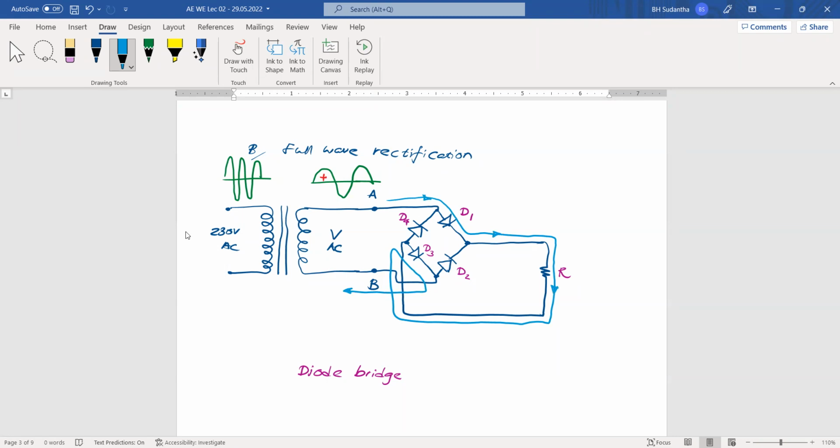Across the resistor, current can go this way and in this direction. Then during this positive half cycle, D1 and D3 diodes will be forward biased.